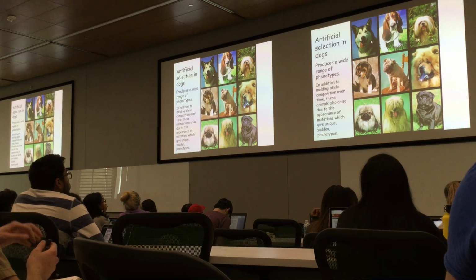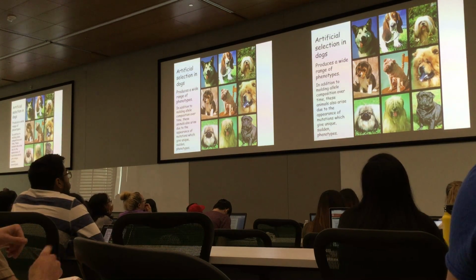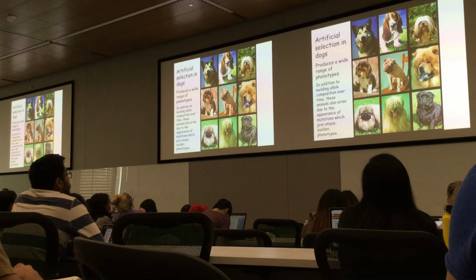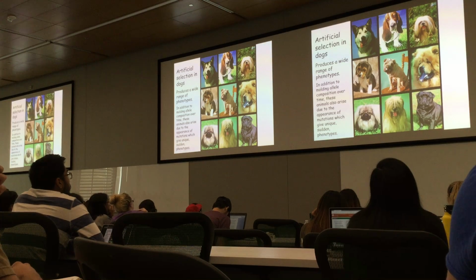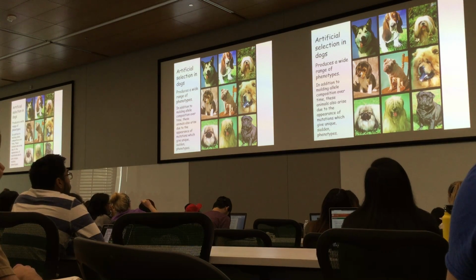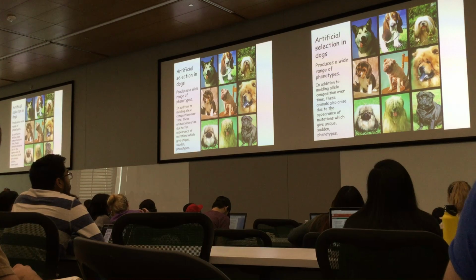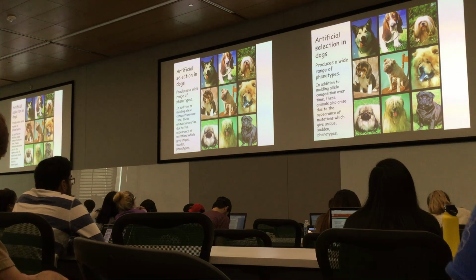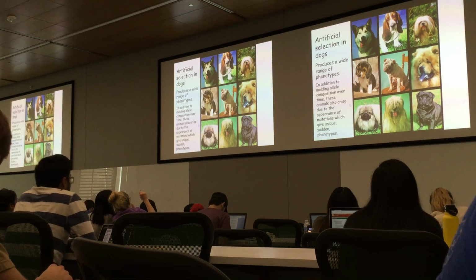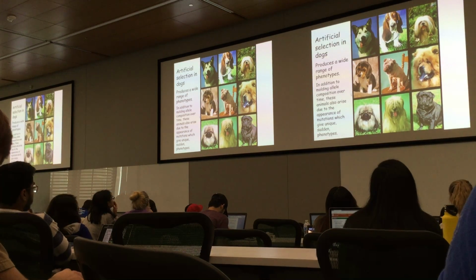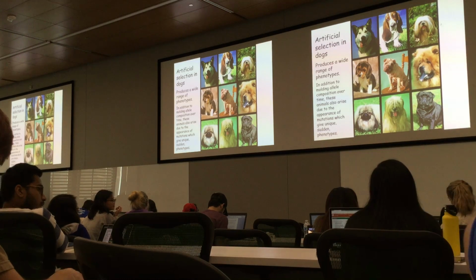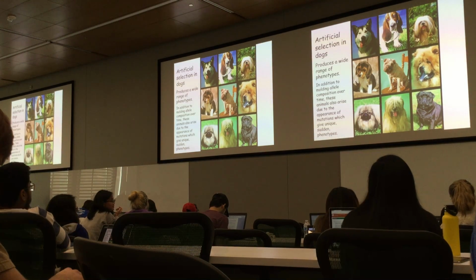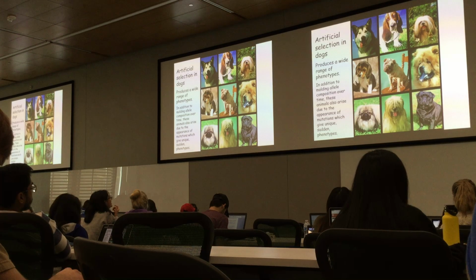Anyway, they all look different, right? What's the difference? They have different types of hair. They've got different sizes. They've got different colorations, different face structures, things like this. By and large, these things have been accomplished over the last 15,000 years or so, right? So this shows the results of deliberate artificial selection on the dog genome to generate all these varieties. It's really, really incredible. And I should say that you've got two things at play here.